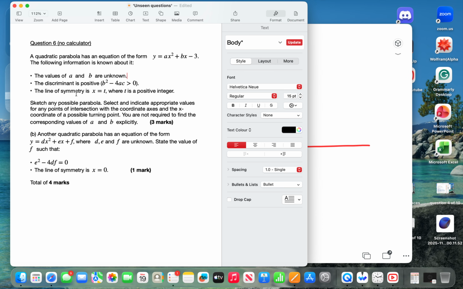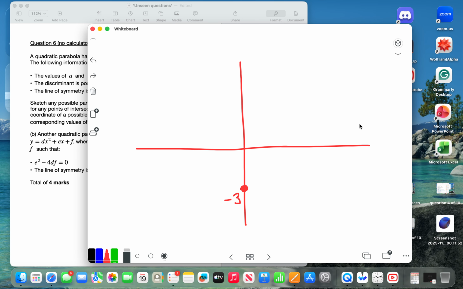And the line of symmetry is x equals t. We have to select a specific value, but you can go with anything as long as it fits the conditions and it makes mathematical sense. Let's go with, I don't know, t equals 2.